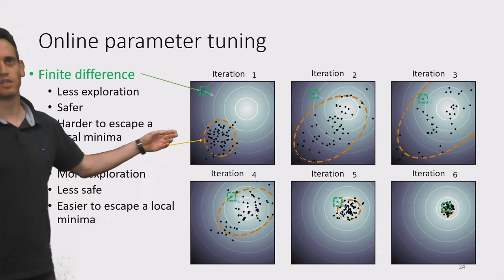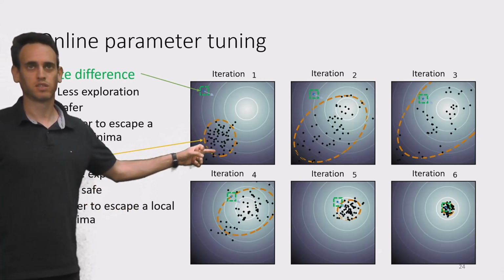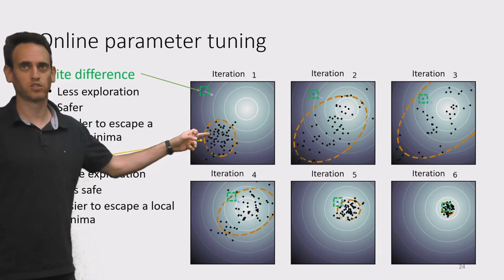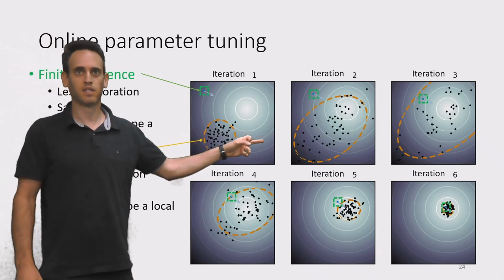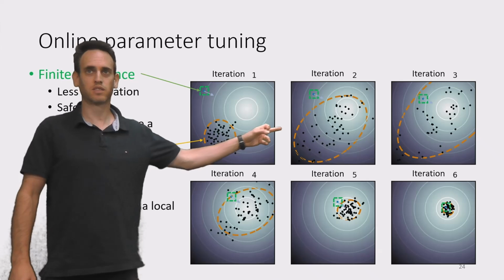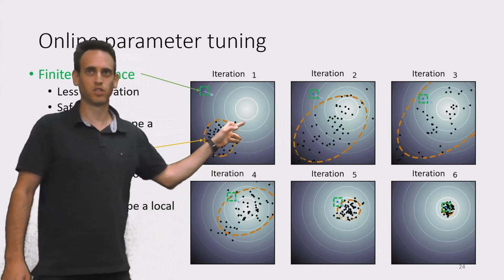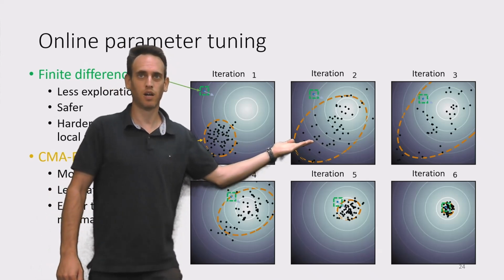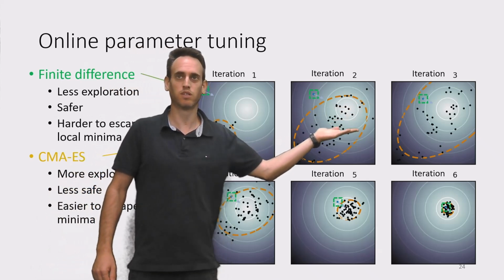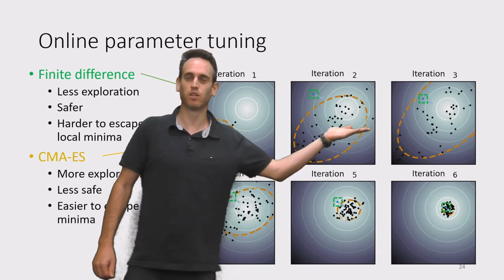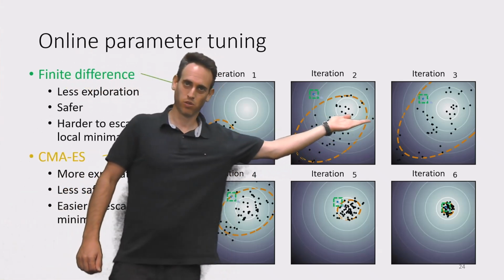And we can see here how CMA-ES starts with some first generation in iteration 1. And the fittest individuals from the first iteration pull the Gaussian, the multivariate Gaussian, towards the more promising direction, and so it goes in iteration number 3.